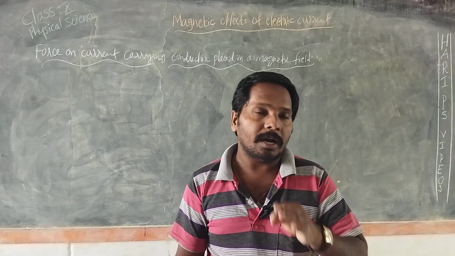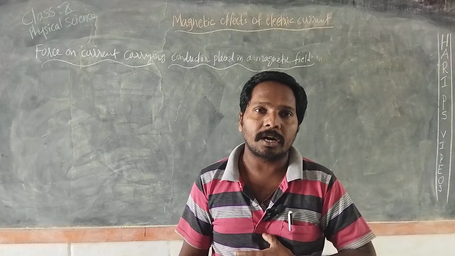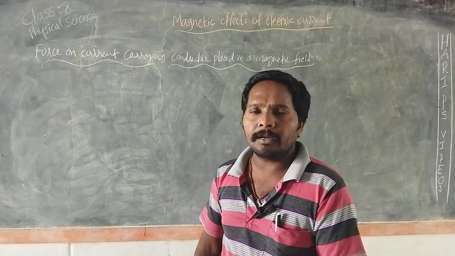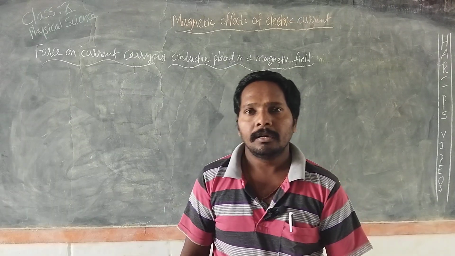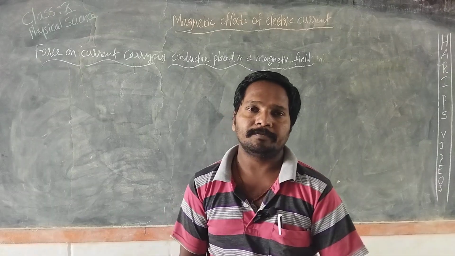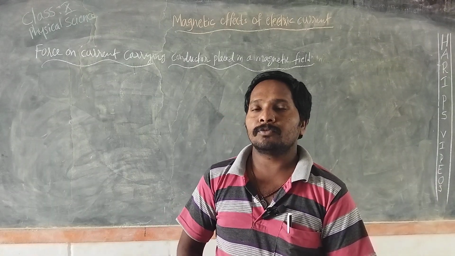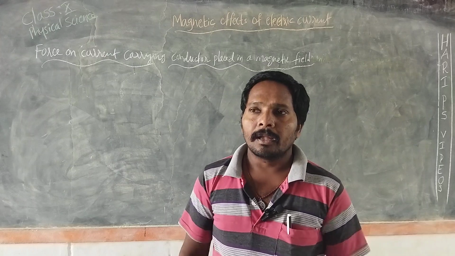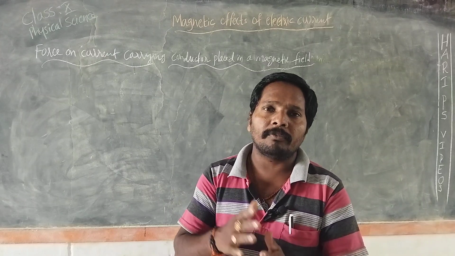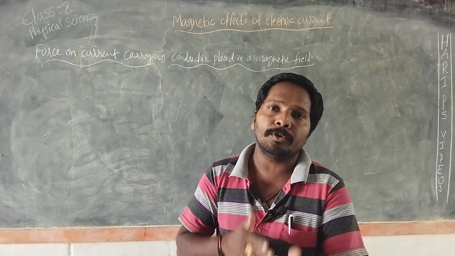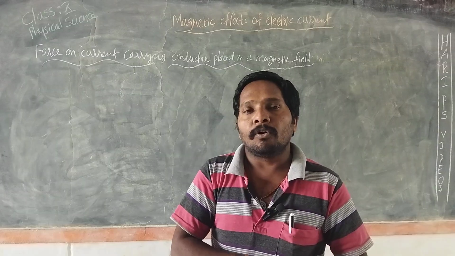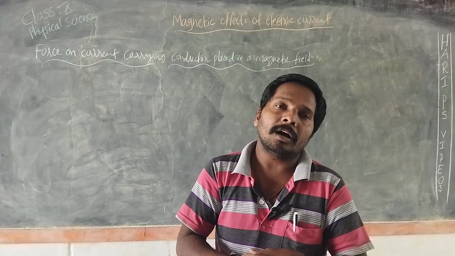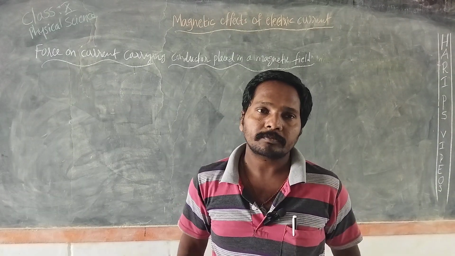So electric current is nothing but the flow of electric charges, nothing but electrons. As we learned in the chapter on electricity, current is nothing but the flow of negative charges. That flow of negative charges is called electrons.